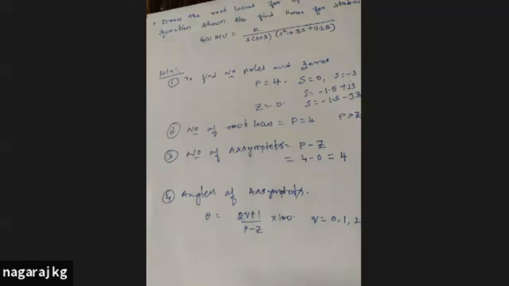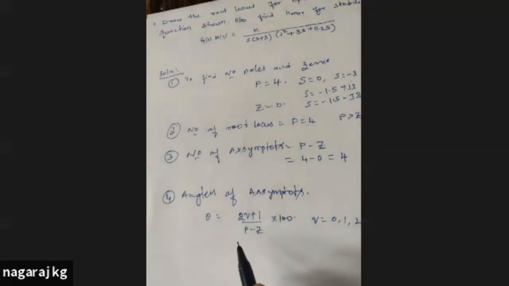So if there are 4 asymptotes, for theta 1 the q value will be 0, for theta 2, q will be 1, for theta 3, q will be 2, and for theta 4, q will be 3. So you have to substitute these values to get the angles of the 4 asymptotes. So when you find this, theta 1 is equal to, how do you do it?